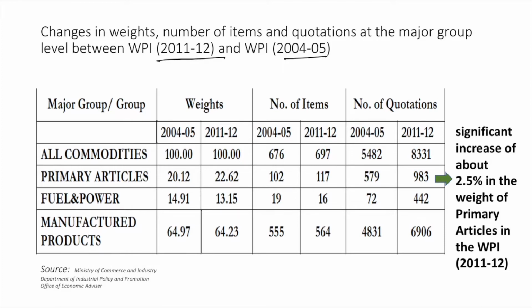You can see here that the weight for primary articles has increased from 20.12 to 22.62, and this is a significant increase of 2.5%. The weight for fuel and power has decreased from 14.91 to 13.15. And the weight for manufactured products is more or less the same.